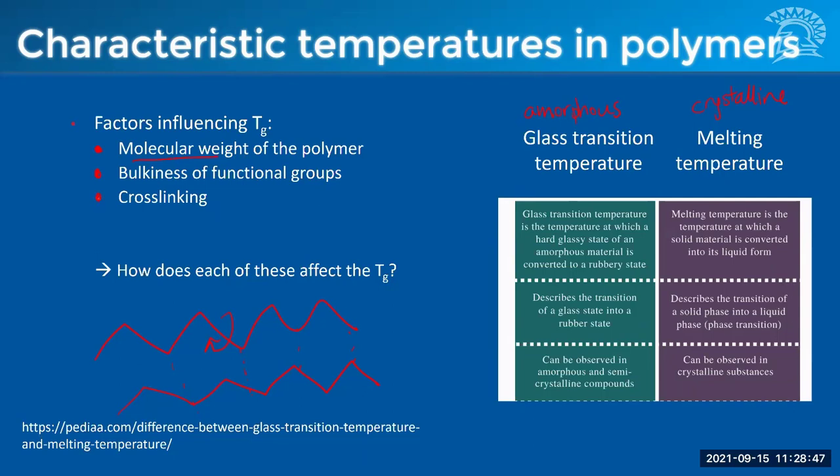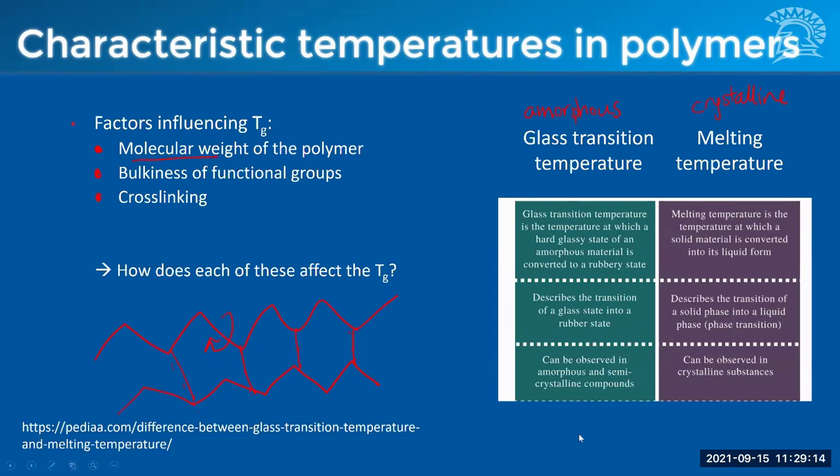And then finally, this is probably the easiest one to predict the relationship. If you've got cross-linking in your polymer, the more cross-links you have, so the more primary bonds you have between polymer molecules, the higher your glass transition temperature, because the more energy you will need to input to break those bonds and have the polymer chains move past one another.